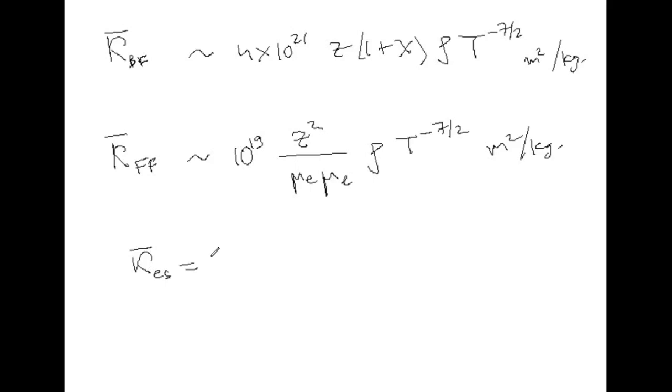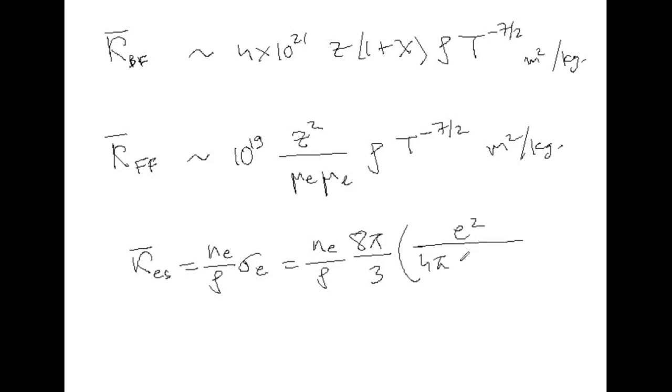So we can write it like this: Ne by rho sigma e, which is Ne by rho times 8 pi by 3 times (e square by 4 pi epsilon 0 me c square) square, and this comes out to be 0.02 into (1 plus X). So you see, the total opacity is simply the sum of the individual opacities at a given temperature.